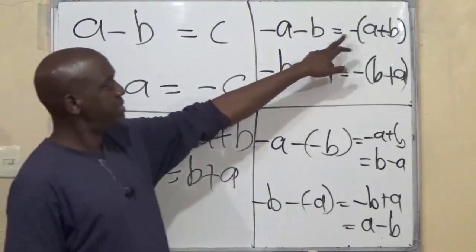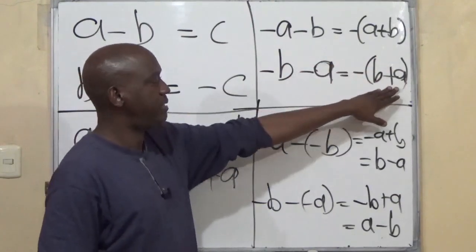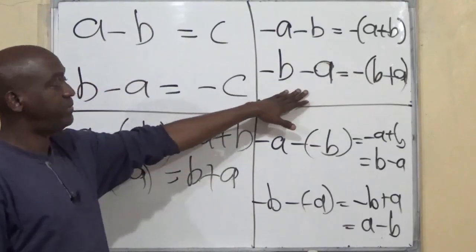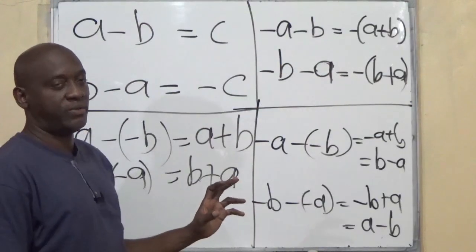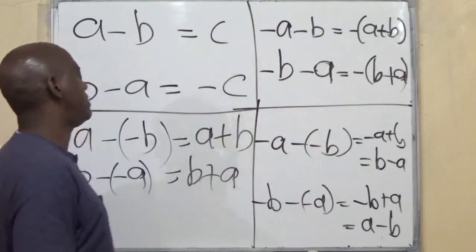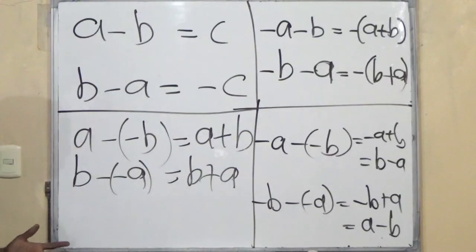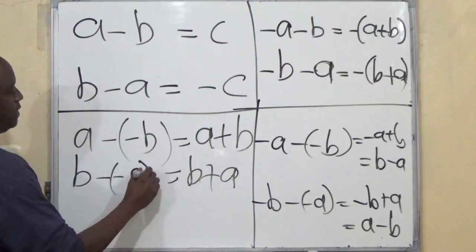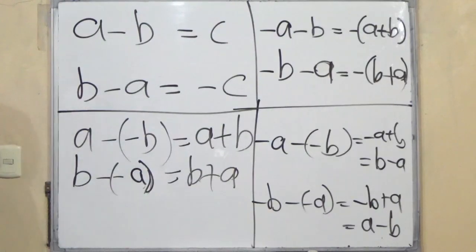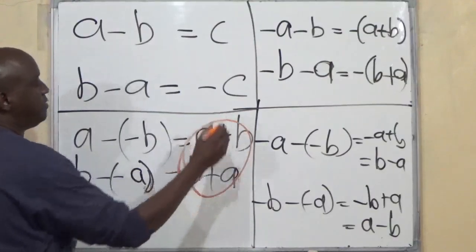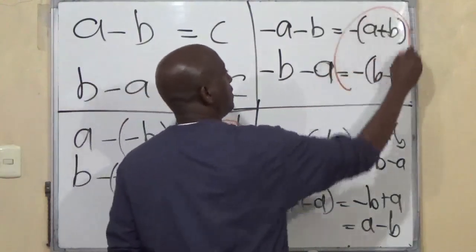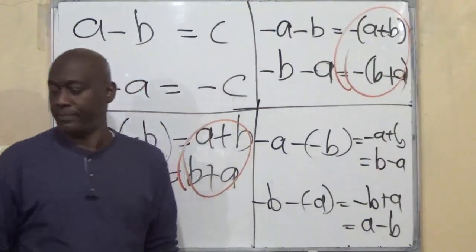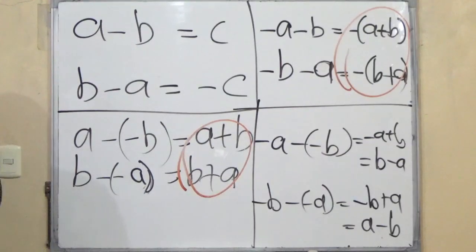You have minus into A plus B, minus into B plus A arising out of these two steps. Those are the situations where no matter how you switch the numbers, the answer will end up being the same. Right? But the commutativity only enters the fray at the very end here. All right, nice.